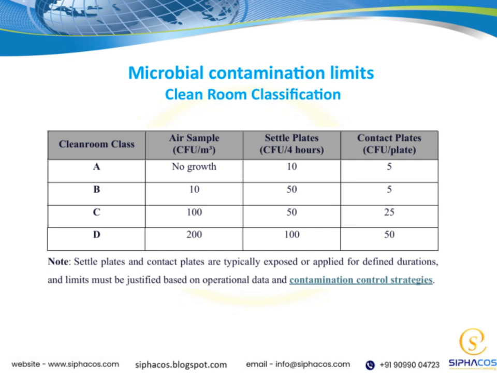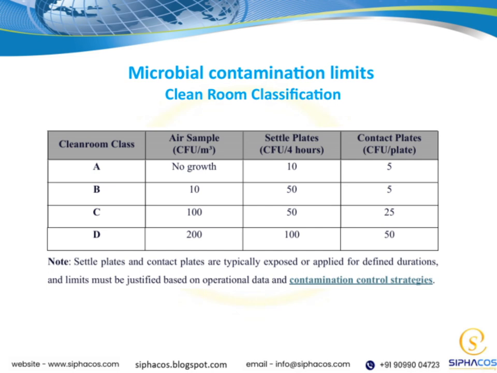For example, in ISO classifications, a Class 5 clean room has a very low level of microbial contamination, which is essential for pharmaceutical manufacturing or biotech processes. Understanding these limits helps us design and maintain environments that minimize contamination risks effectively.